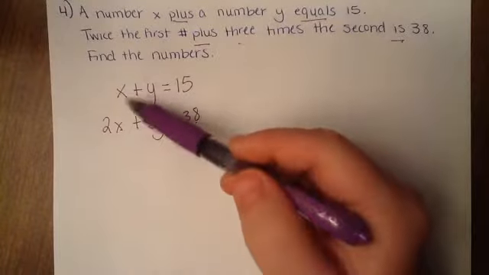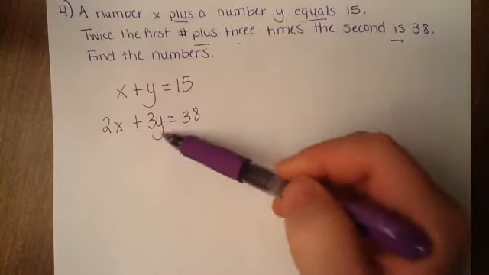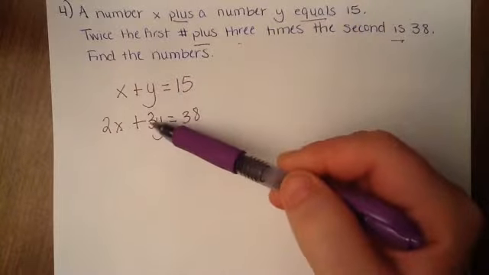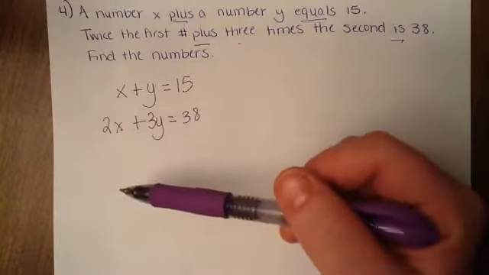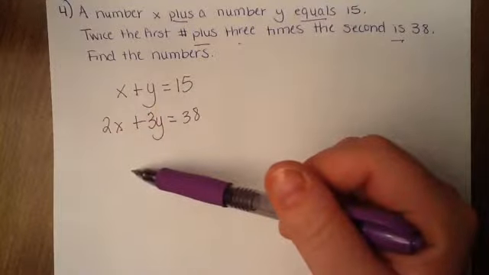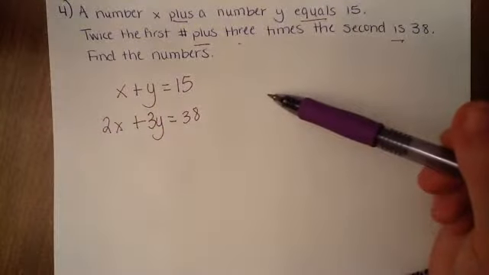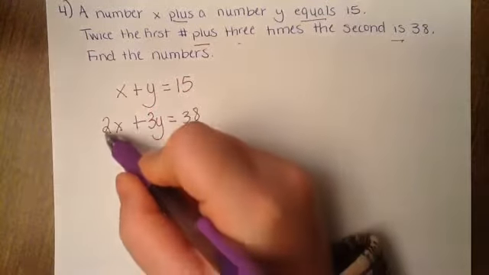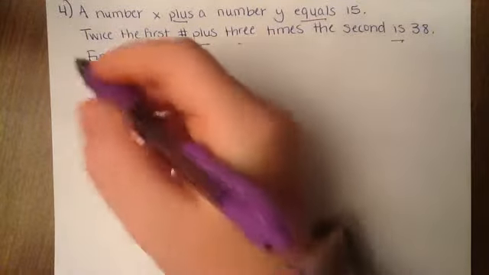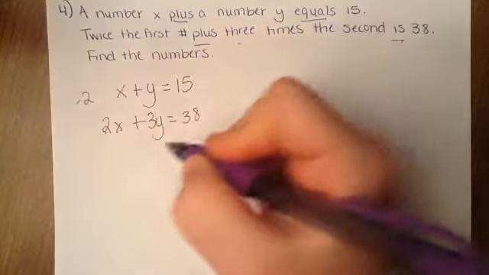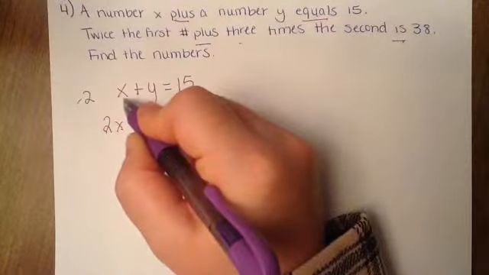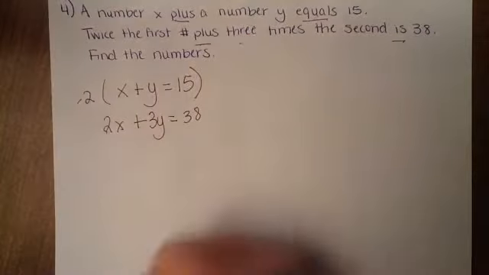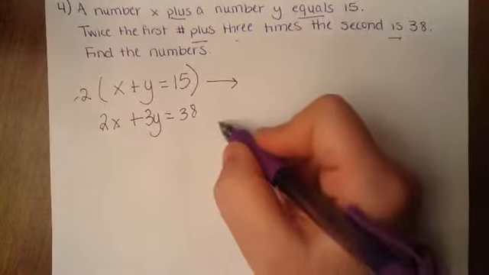It would be very easy to eliminate the x's or the y's. So depending on your multiplication, you may have chosen to eliminate y's, or you may have chosen to make the x's eliminate. So your problem might look different, but your answer will be the same. Let's get our x's to eliminate. So if this one's 2, what does this one have to be? A negative 2. If I multiply this one by negative 2, I had to multiply all of them by negative 2. So this one will change.